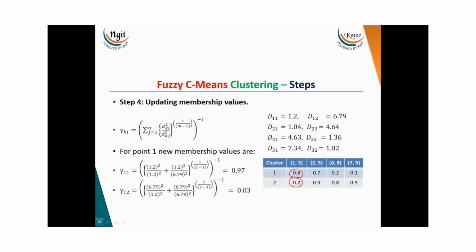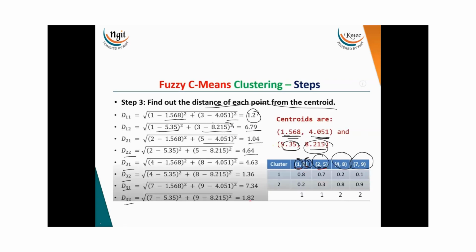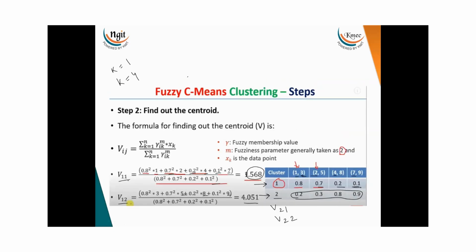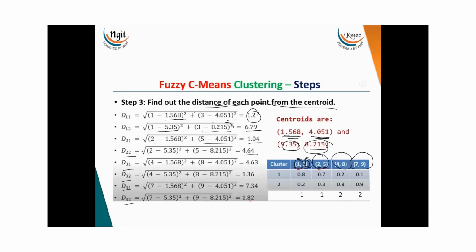Now what is the use of finding the distance of each data point from the centroid? What we have to do is, wherever we have less distance, one second. So what we are saying, this particular data point 1, 3 belongs to which cluster? Here, where the distance is less.